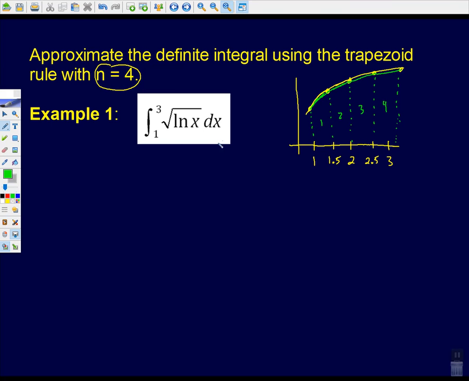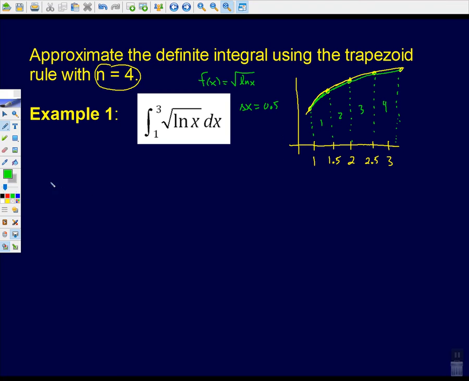And so all I really need to do is measure the function value, f of x equals the square root of the natural log of x, at each of these 5 spots. And this time what is uniform is the delta x. Every delta x is going to be a half every time.